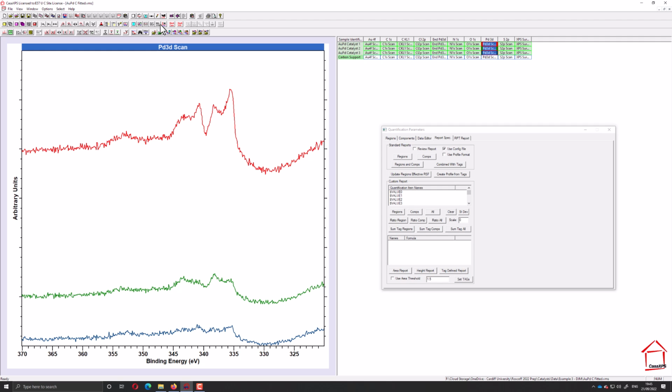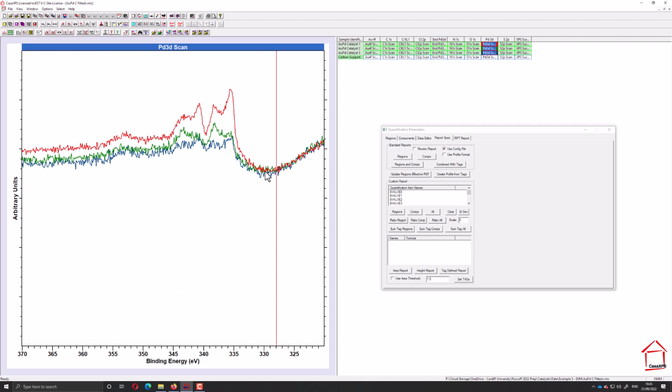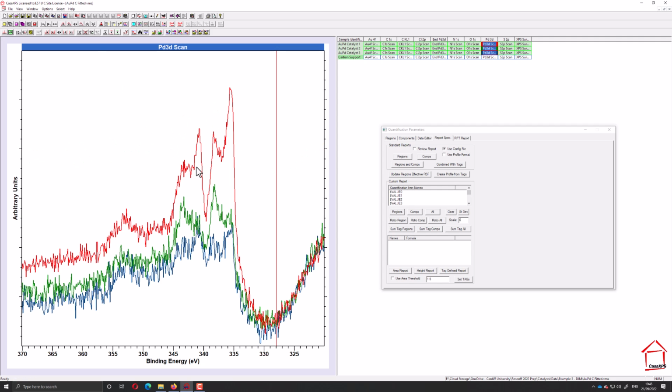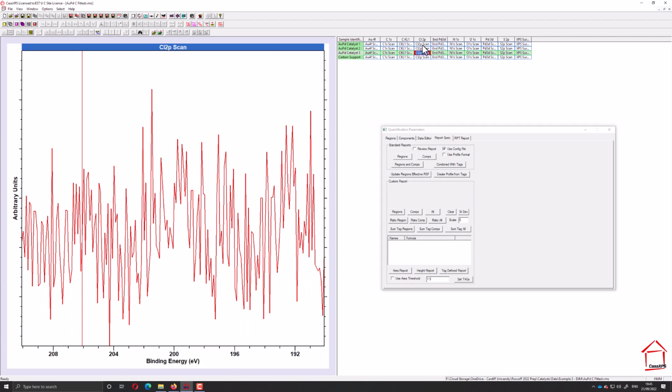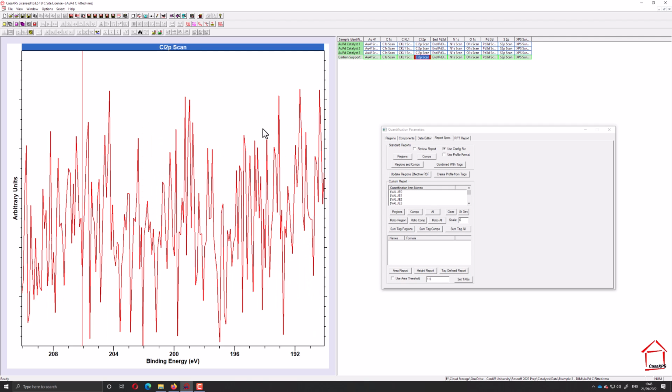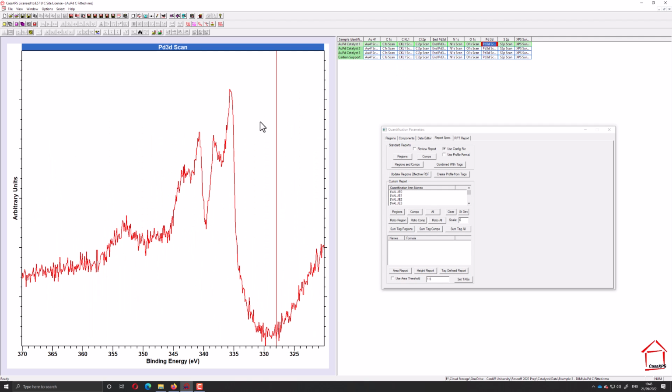We can see, if we normalize at this point, that we have different amounts of what we will consider to be palladium 0 and palladium 2. Certainly not palladium chloride, there's only a small amount of chloride there. So again, we have palladium metal and what looks to be palladium 2.